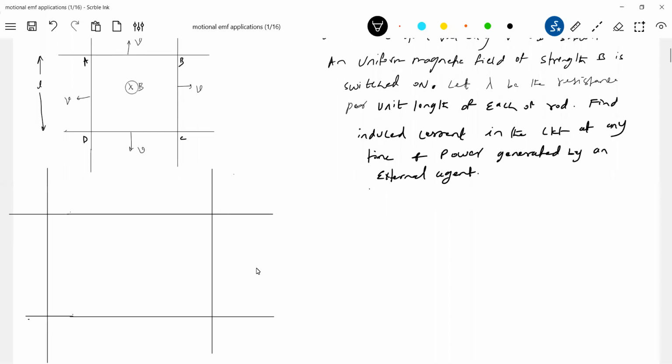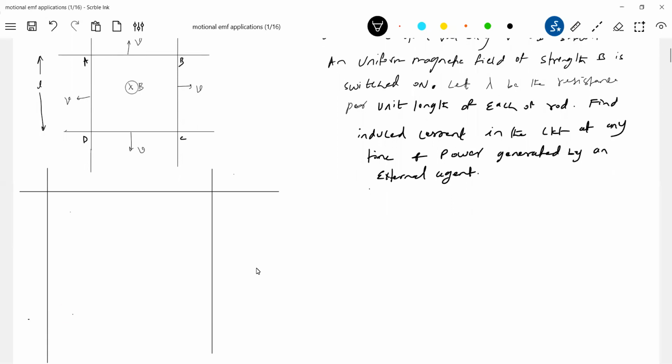This is what is happening, no? Take it like this here. Look at the area, it got increased.